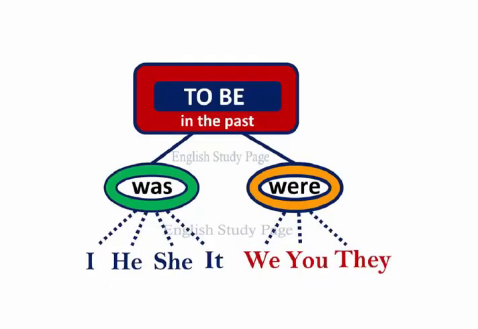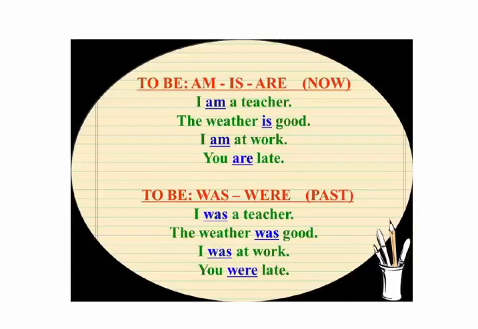I was a student. He was happy. She was a small girl. It was beautiful, right? In the past. So we can see the be verb is used as was or were: singular, was; plural, were.